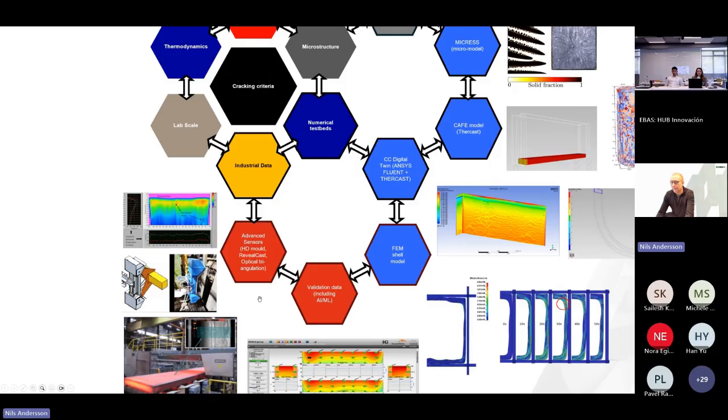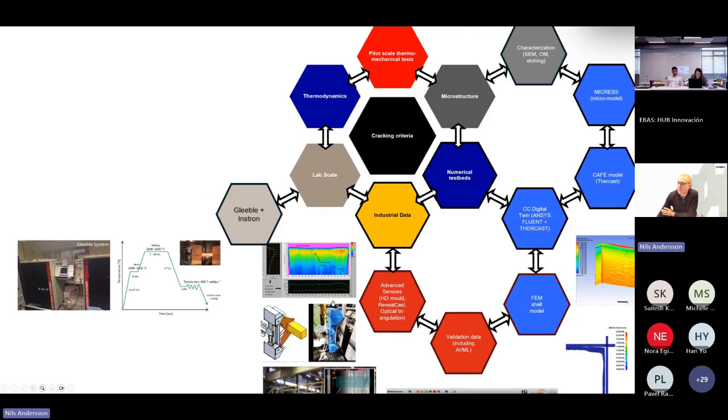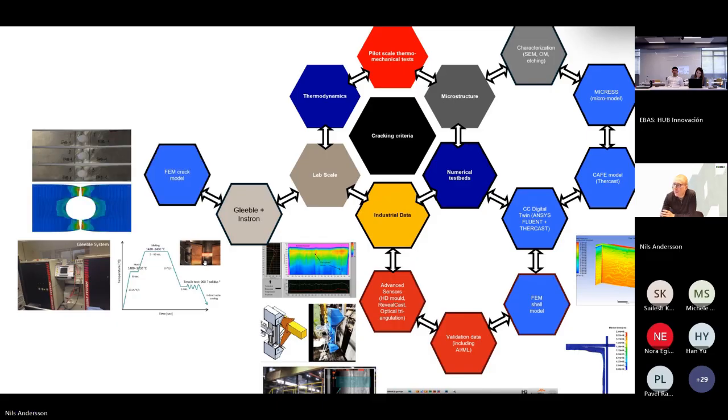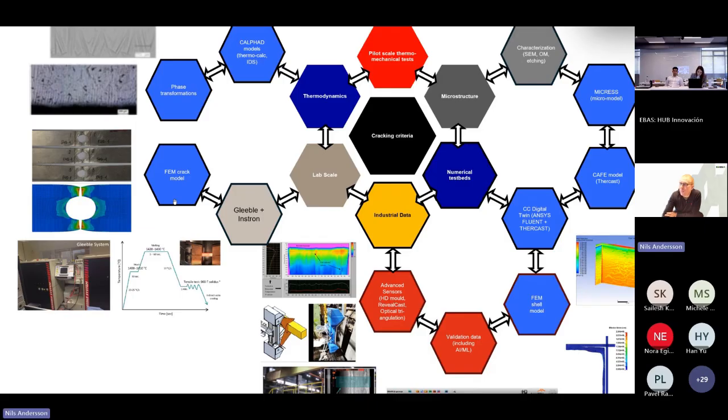And in support of this, we have lab scale experiments looking at thermomechanical behavior of the different materials that go into the material models, and we also have a crack model and CALPHAD tools that give us phase transformations.